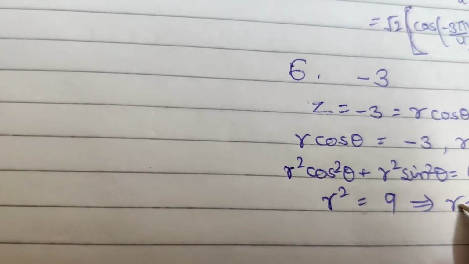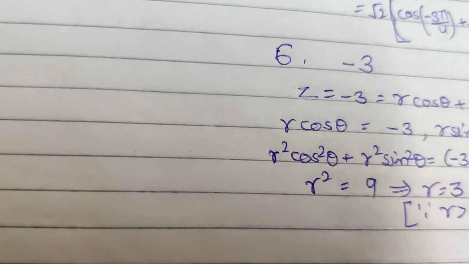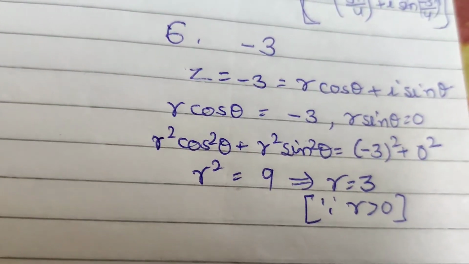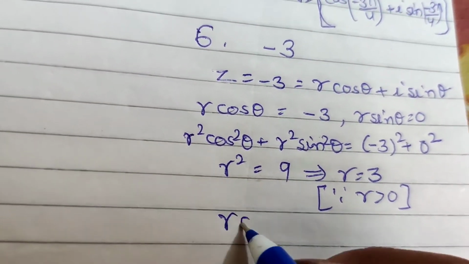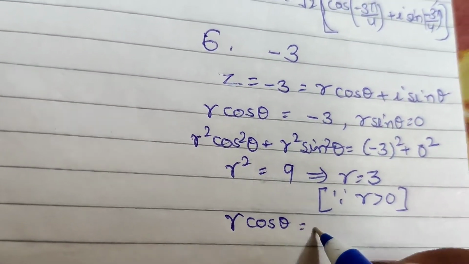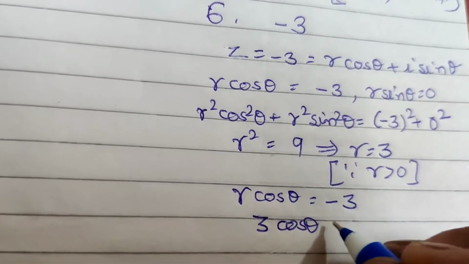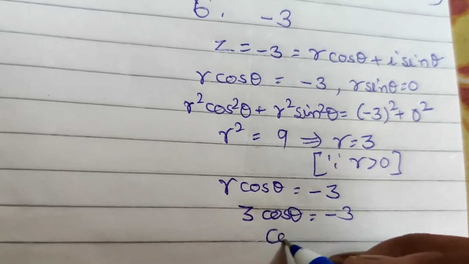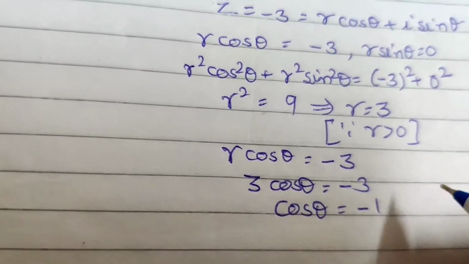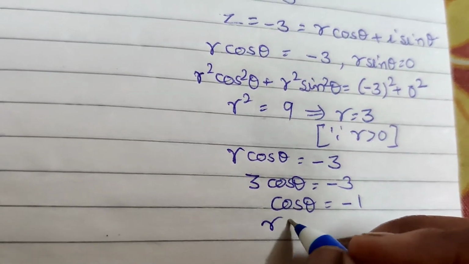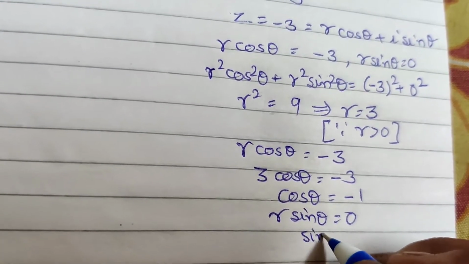This is the way you can write r is greater than 0. Distance is always a positive quantity. Now compare r cos theta equal to minus 3, r equal to 3, so 3 cos theta equal to minus 3. It means cos theta equal to minus 1, and r sin theta equal to 0 gives sin theta equal to 0.